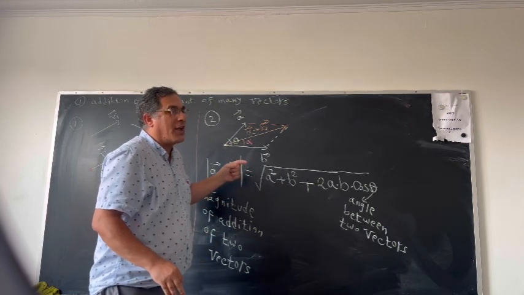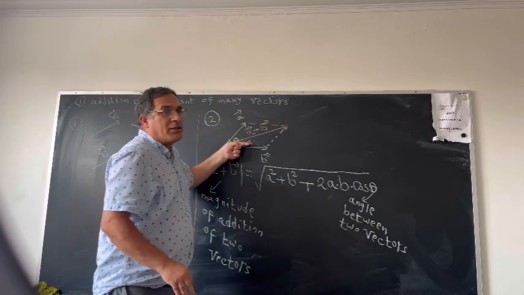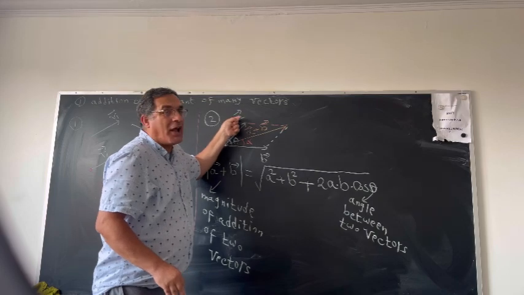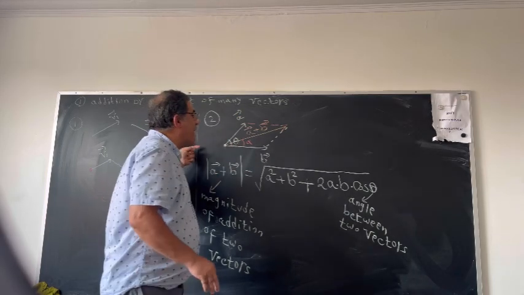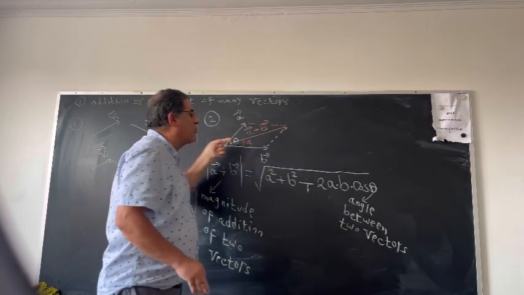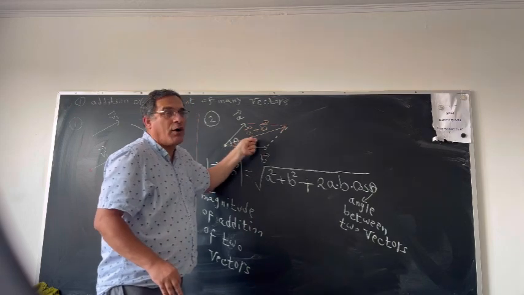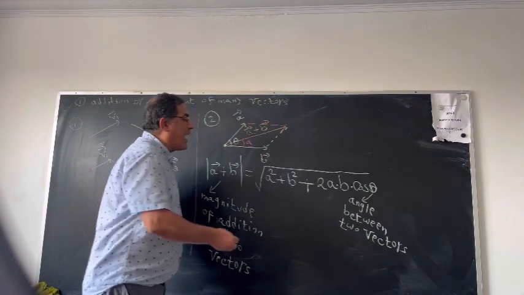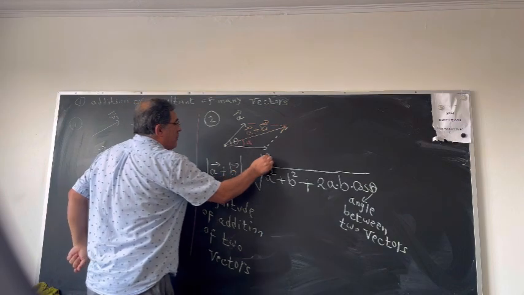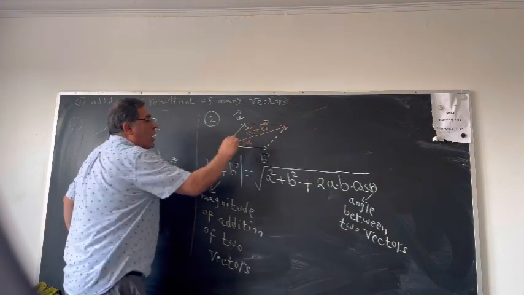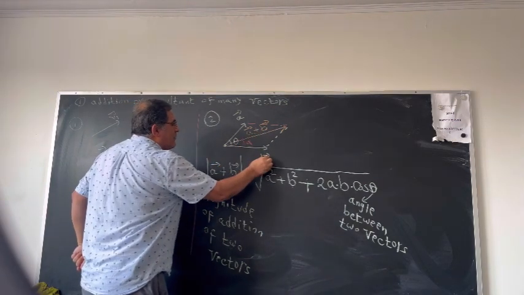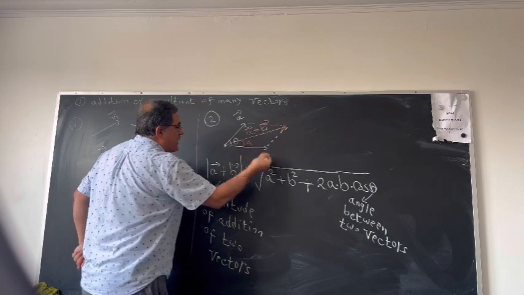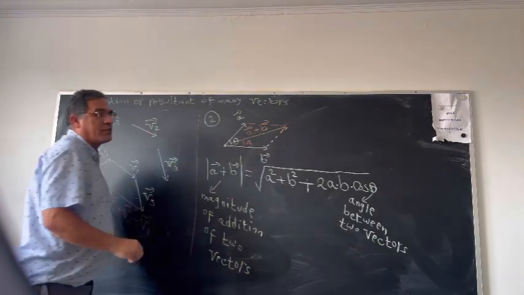How do you find the angle that one of the vectors, such as A or B, makes with the resultant? Alpha is the angle between one of your vectors, such as A or B, and the resultant.